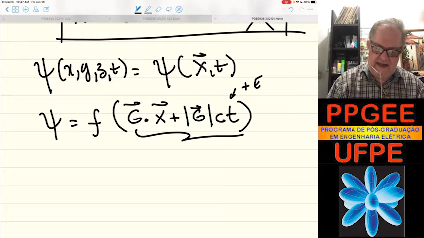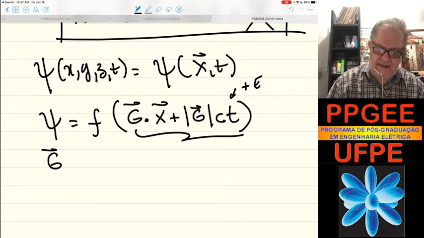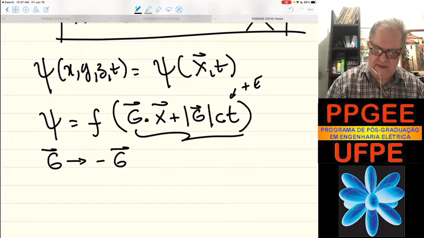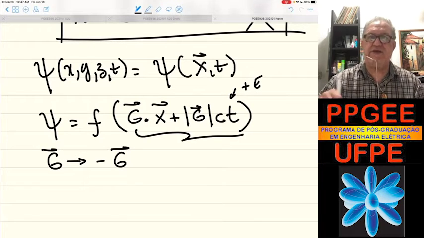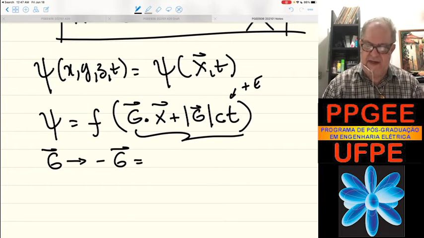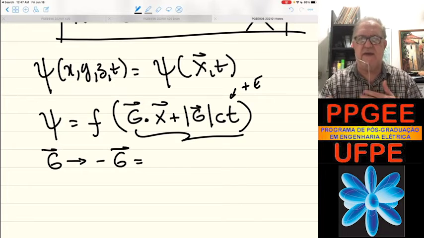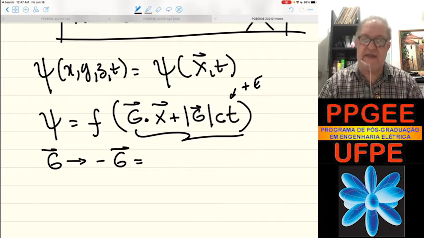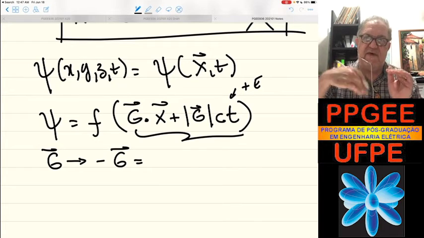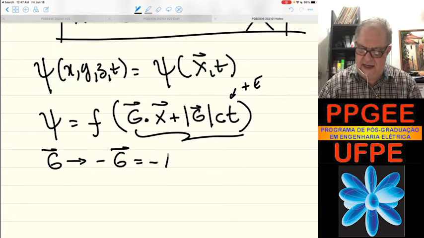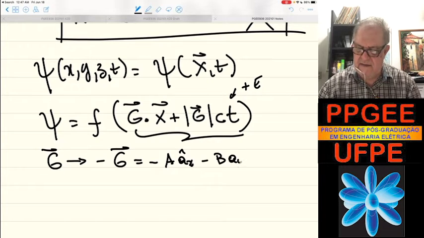Let's make G into minus G. So G is going to be changed to a new form, because I don't know who the constants A, B, and C are. Well, I don't know the sign. So let's specifically reverse the sign. So it's going to be minus Ax, minus By, minus Cz.